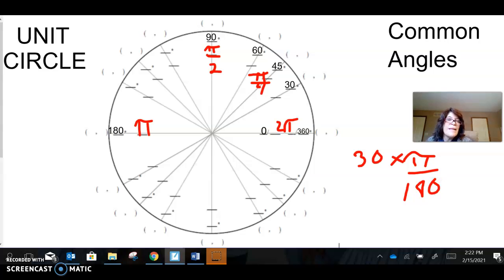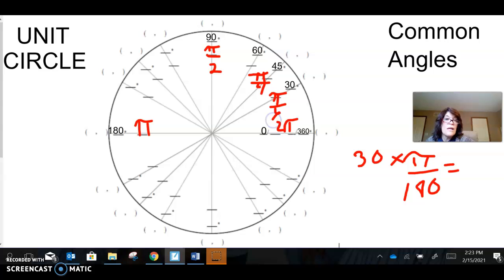I think of 30 degrees as a third of the way to 90, so 1/3 of pi over 2 would be pi over 6. That's what we get here: 30 over 180 is the same as 3/18 or 1/6 pi. So this is pi over 6.